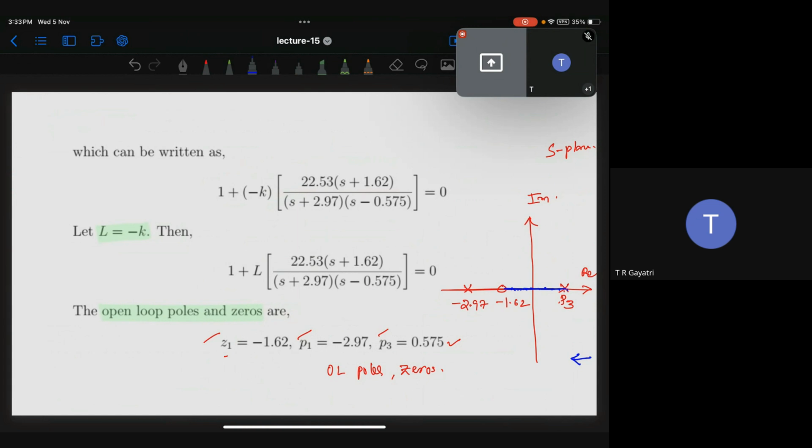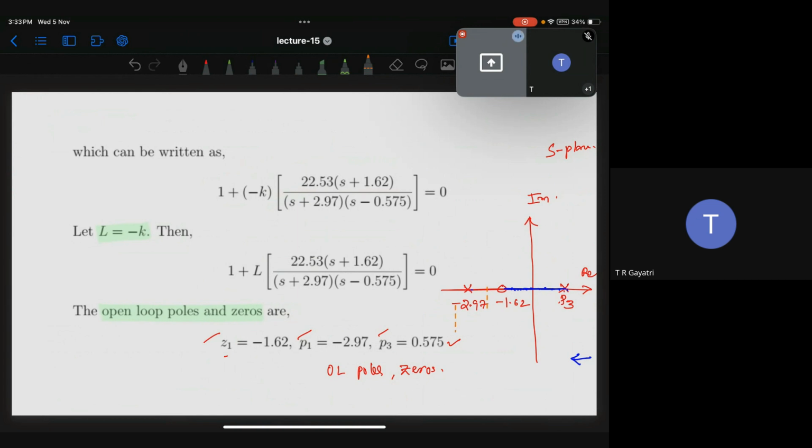Now if you draw that line here, you see the right side has 2, correct? Yes, sir. So any point here has 2 on the right side, but that has to be an odd number.